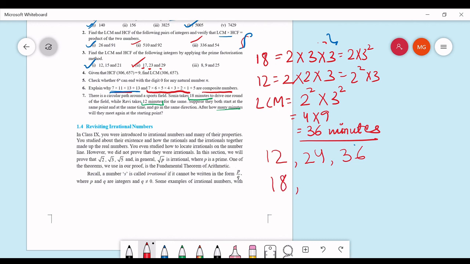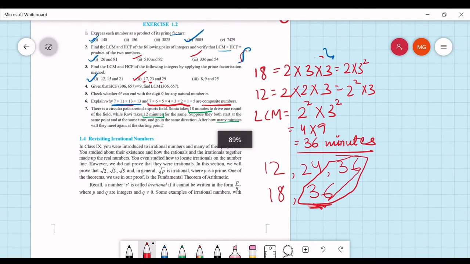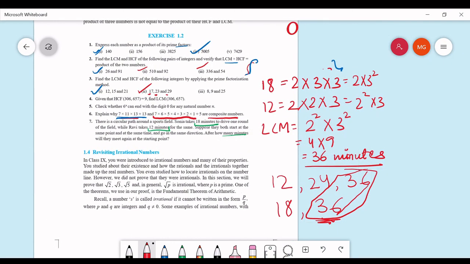Similarly for 18, after two rounds he will be at 36, right? So this is the common value. This is the least common value that you are getting, right? So this is the time at which they both will meet. So this was for your question number 7 and this was for your exercise 1.2.